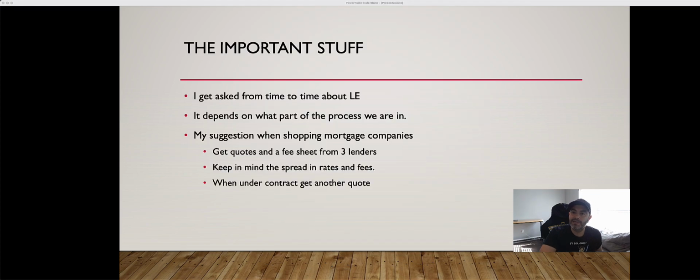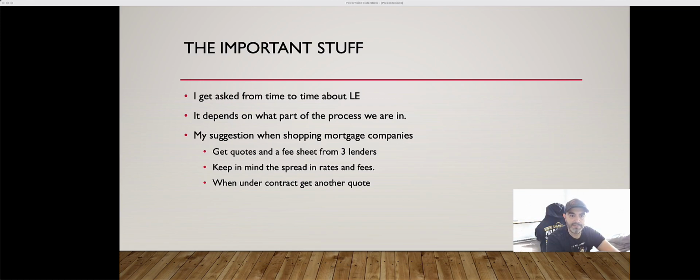Let's see. Along with that, like I said, I get asked from time to time about a loan estimate, and then I'll provide it, and then I'll start getting asked questions about it. Or after I lock somebody and our disclosures team sends out the loan estimate, they'll reach out to me and start asking me questions about what's on the loan estimate itself.